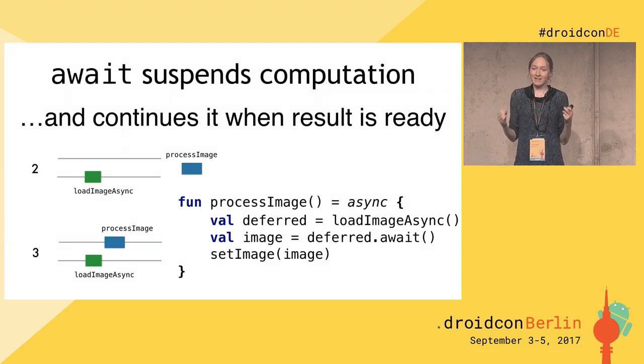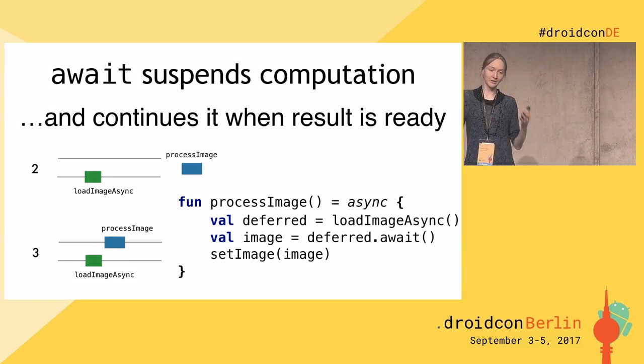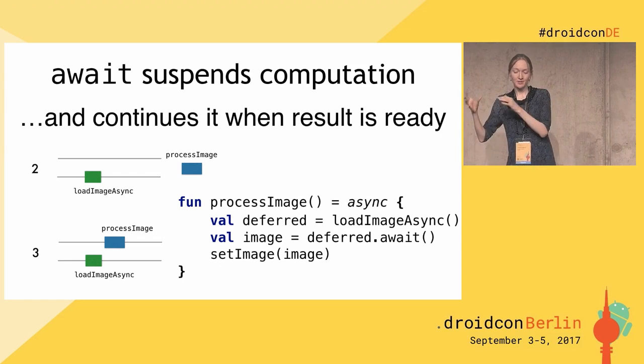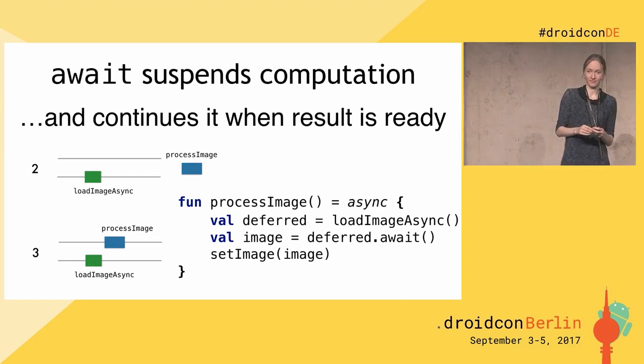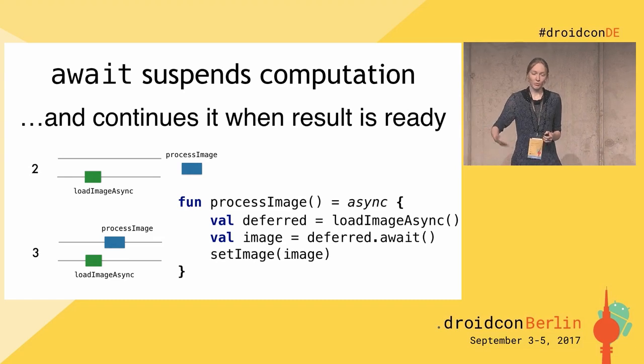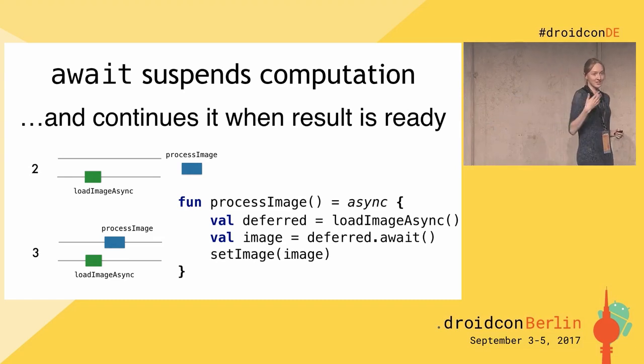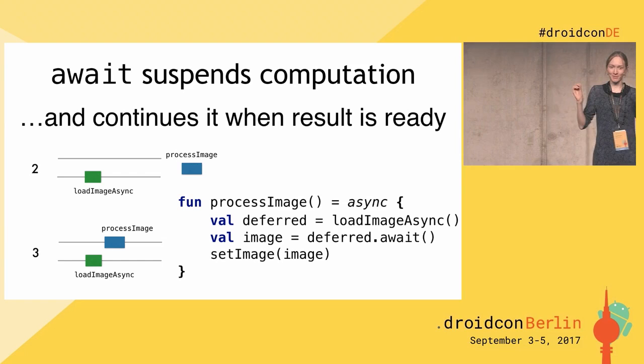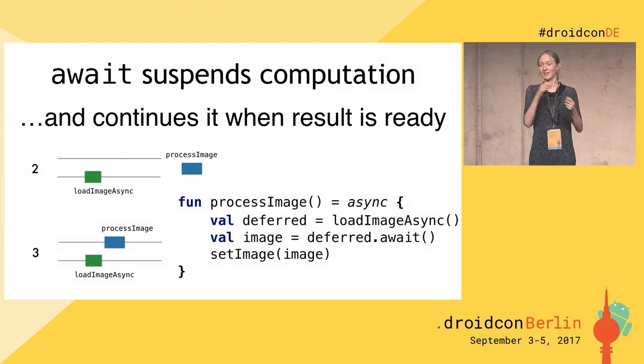And await suspends computation and continues it when the result is ready. So when image is loaded, when green computation completes, the code understands that, and returns the process image to a thread, continues it. So now you have this straightforward code without callbacks that just works similar to thread, but instead of blocking thread, it suspends your computation using coroutines.